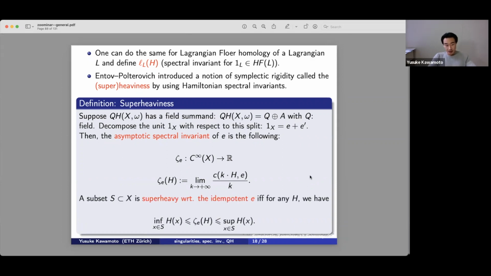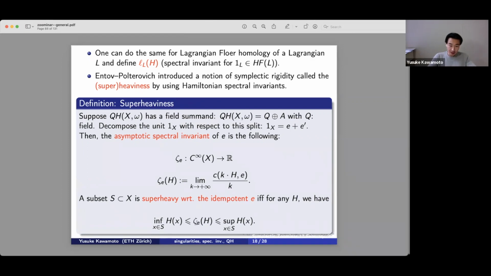And now, given a subset S inside X, we're going to call it superheavy with respect to the idempotent E if the following property is satisfied.